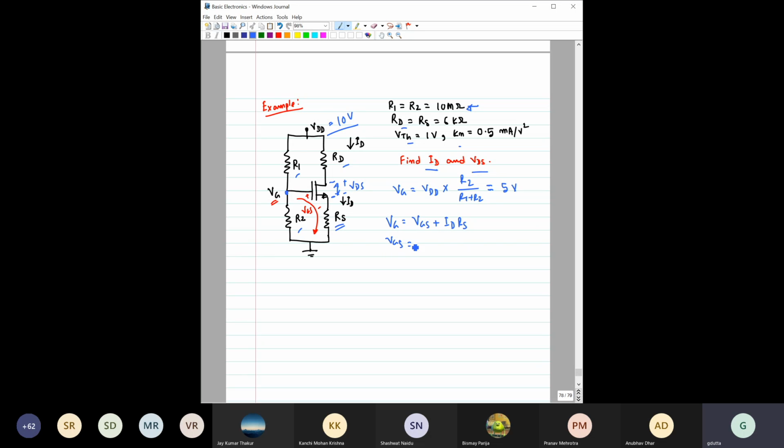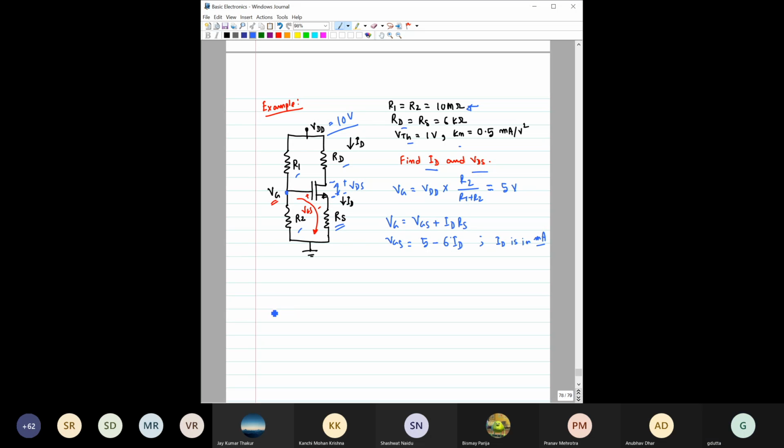So here VGS is equal to 5 volt minus ID, we do not know as of now, but we know the value of RS. So writing RS as 6, that is 5 minus 6 ID, right? Here ID is in milliamps and RS is in kilo ohm, so if you multiply, that would give us volt, right? So you have to be careful on the units as well.